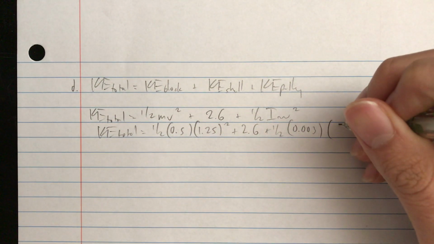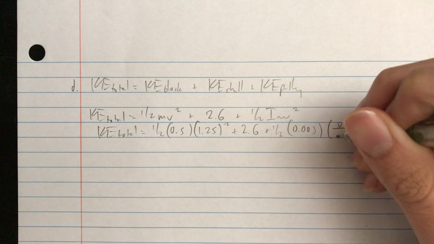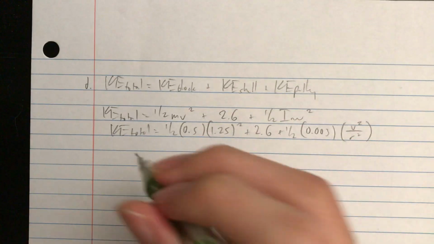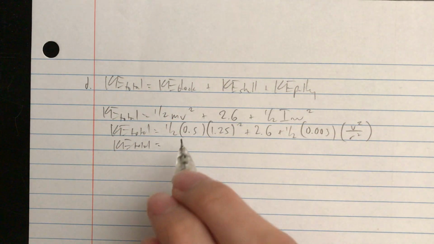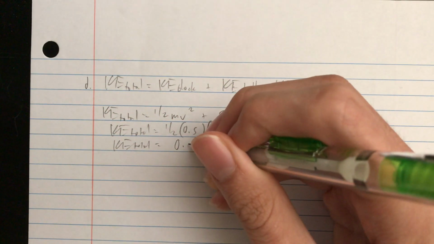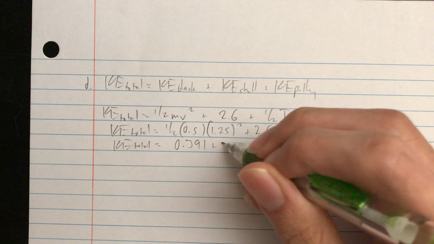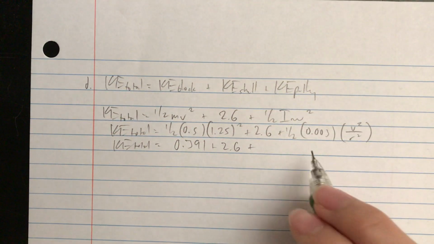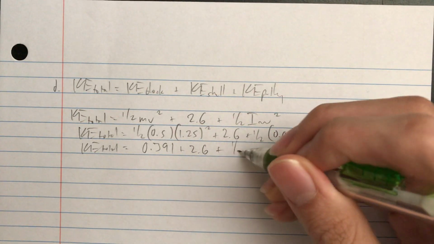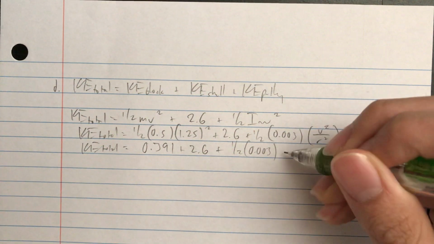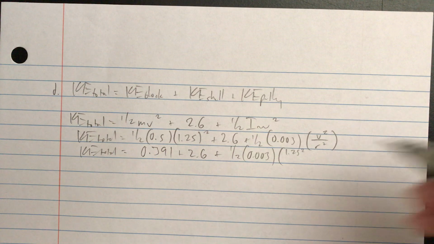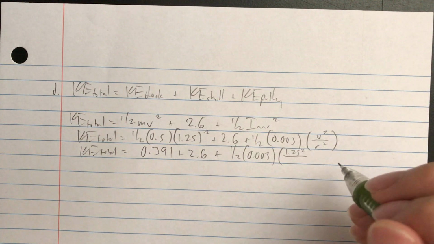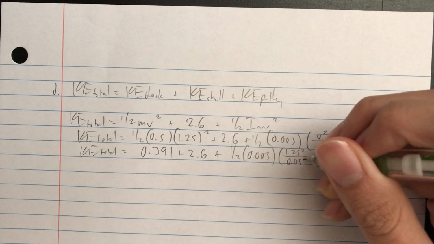Omega squared can be converted to V squared over R squared as we did in part C. So KE total equals this will end up as 0.391 plus 2.6 plus 1/2 of 0.003, V is 1.25 and you square it, and R of the pulley is 0.05 squared.